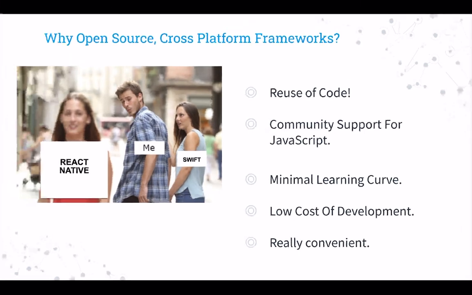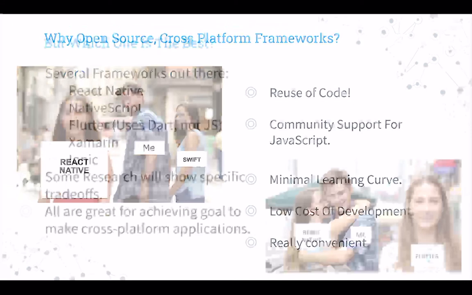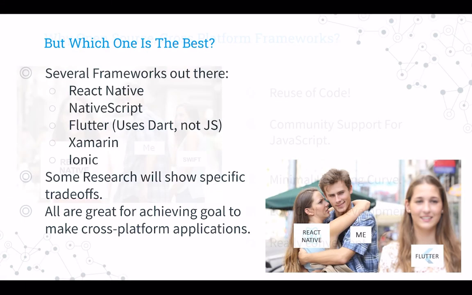So now, why do we want to use React Native? Or I guess move it back a step, which one of these open source platforms is the best? There are several out there. React Native, of course, is the one we're focusing on. Alternatives include NativeScript, Flutter, Xamarin, and Ionic. All of these have their own pros and cons.